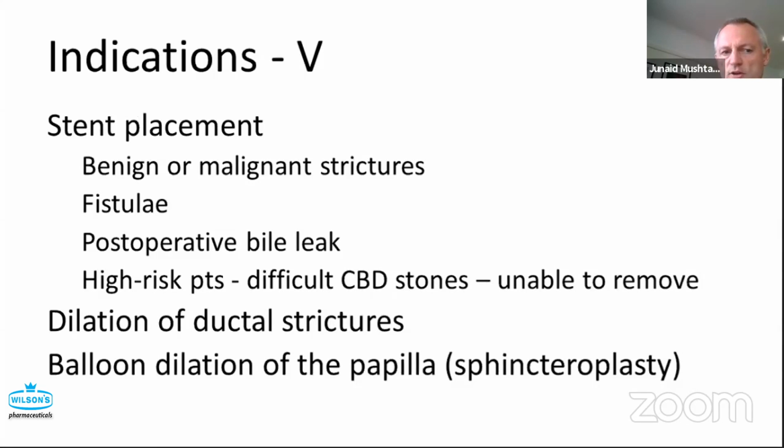Aside from sphincterotomy, doing an ERCP will help if you are going in with an intent of stenting.